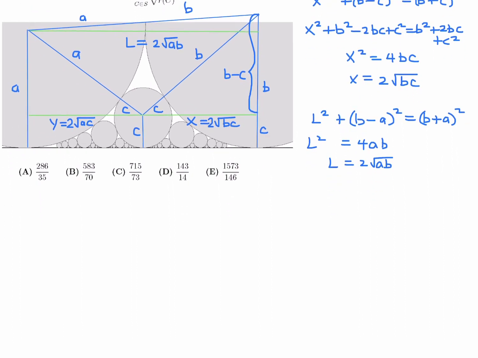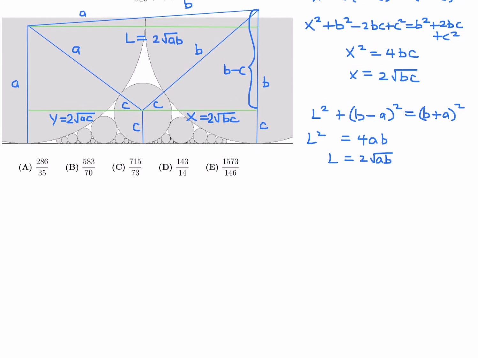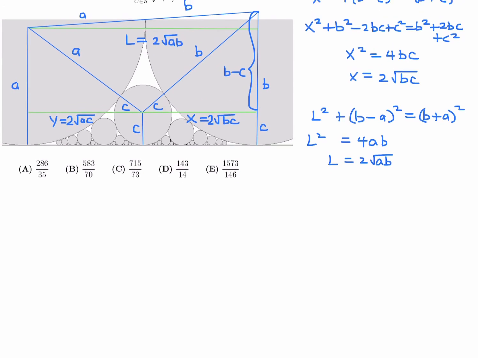Okay, so now at this point, you will notice something, that from here to here is this plus this, and from here to here, which is the exact same, is that. So we can set them equal to each other. That's very helpful. So when we do, we get the following. We get that 2 root AB is equal to 2 root AC plus 2 root BC.